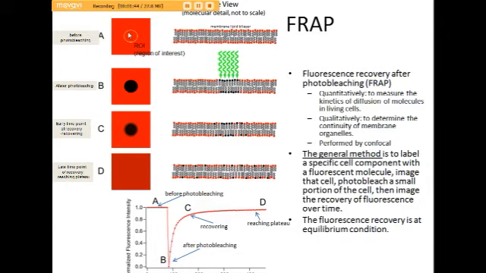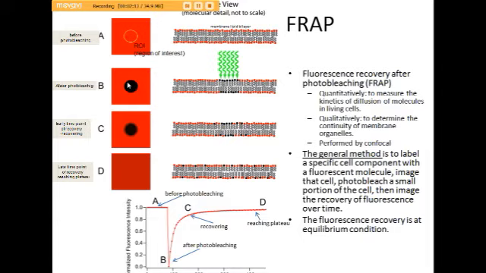Recall from our previous lecture that a laser scanning confocal microscope is able to scan a random pattern. If we use a very high power laser to repeatedly scan this area very quickly, you can imagine that the fluorescence molecules within will be photobleached. This is done in a very short time.